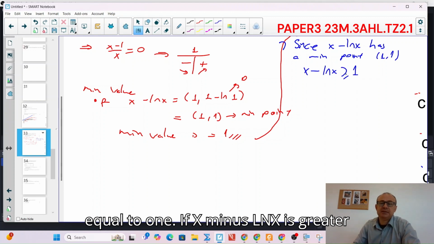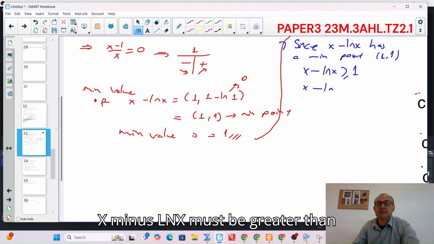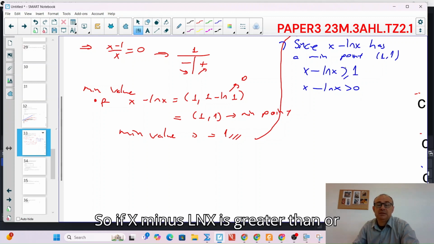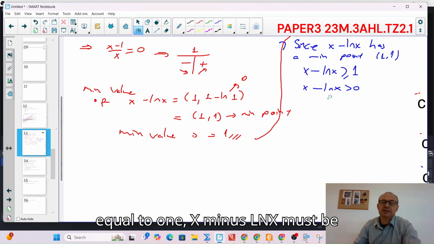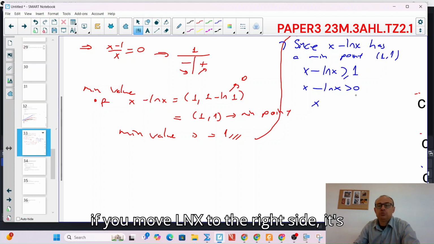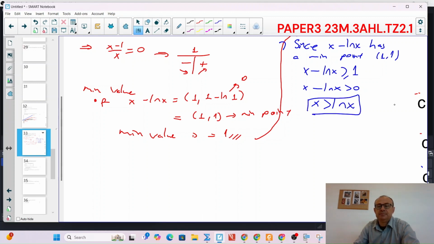If x minus ln x is greater than or equal to 1, x minus ln x must be greater than 0, since 0 is less than 1. So if you move ln x to the right side, it's obvious that x is greater than ln x. And this is the answer for part C.